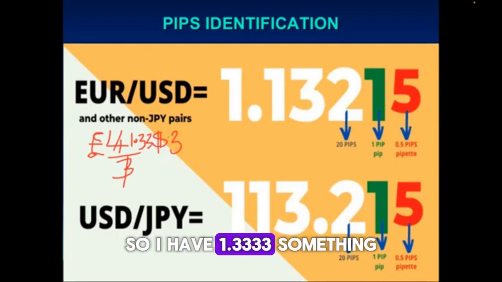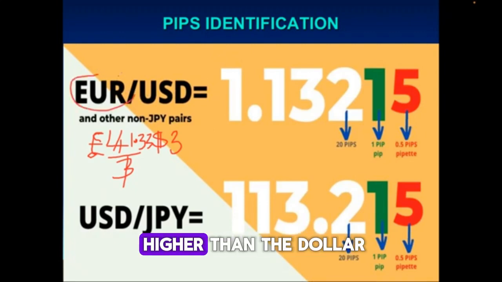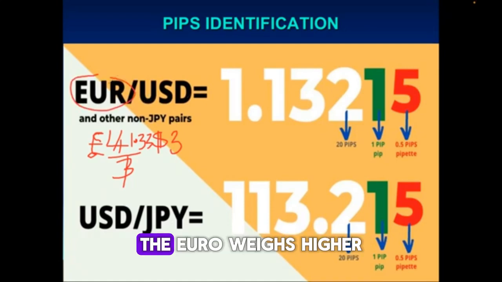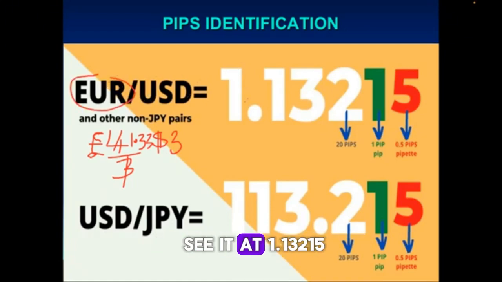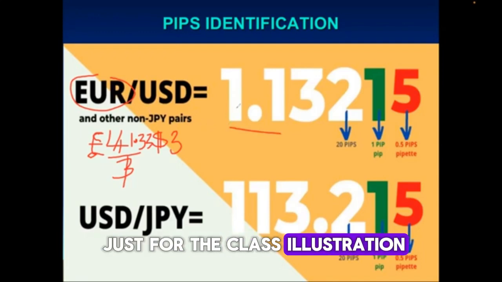So I have 1.3333 something. The figure you are seeing here is telling you that the Euro weighs higher than the dollar. The Euro weighs higher than the dollar, and that's why you see it at 1.13215. This is not the value now. Remember, this is just for the class illustration.